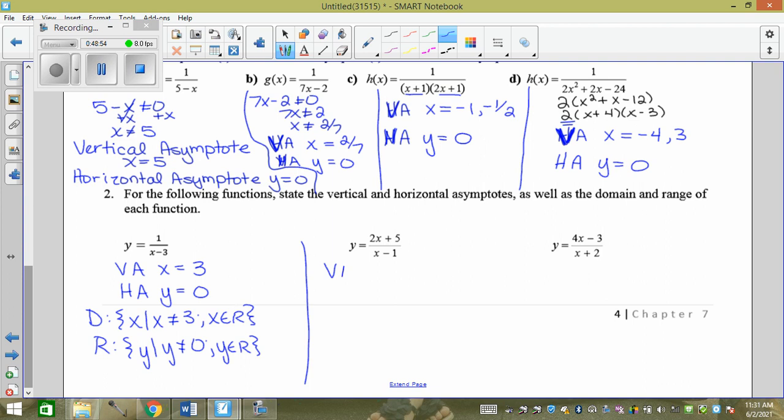This one, I would have a vertical asymptote at x equals 1 and a horizontal asymptote 2 over 1, which is 2. The domain is x such that x cannot equal 1, x is an element of the reals. And the range is y such that y cannot equal 2, y is an element of the reals.